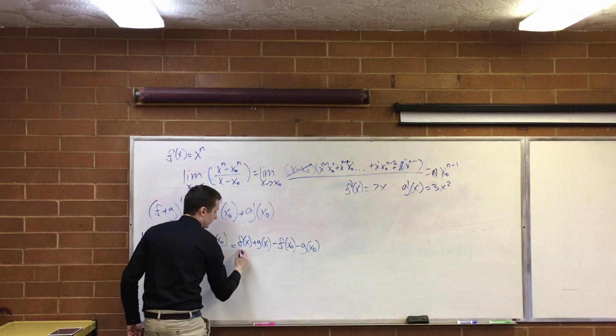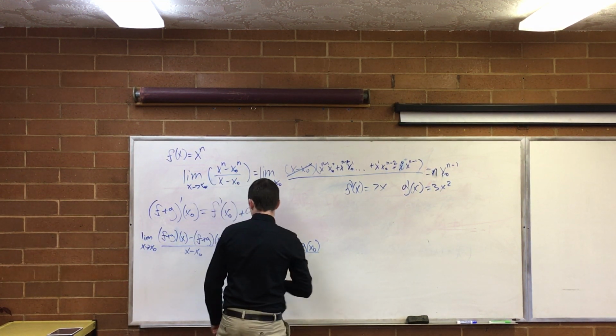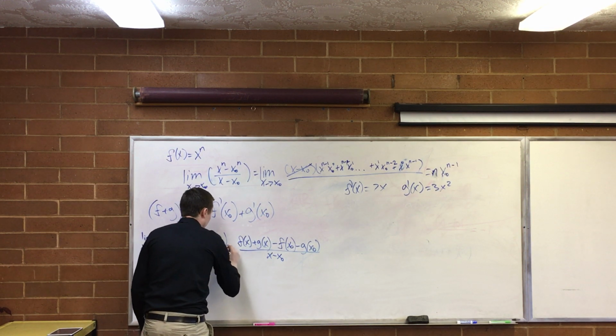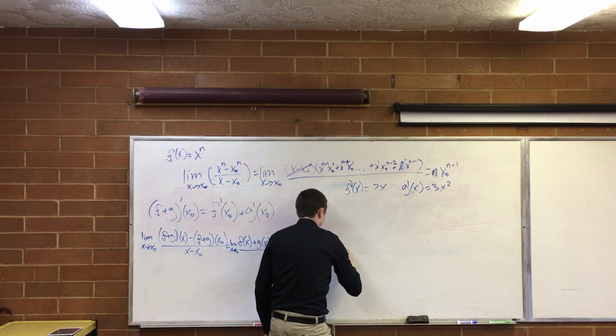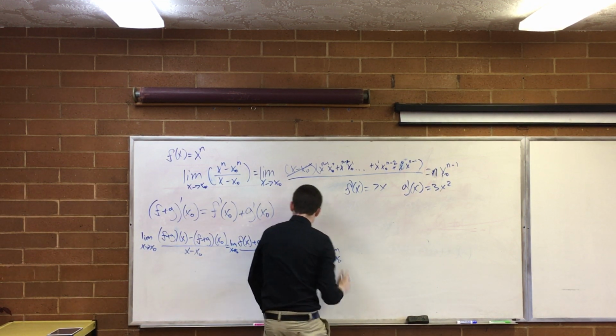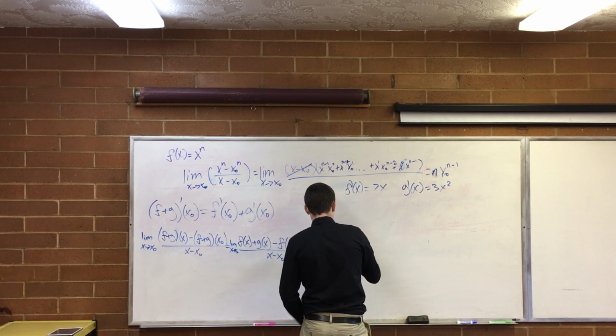And this is still over x minus x naught, right? And then, oh shoot, forgot my limit. Equal to the limit as x approaches x naught. We're going to just reorder our terms. You can probably see exactly what we're doing anyways.